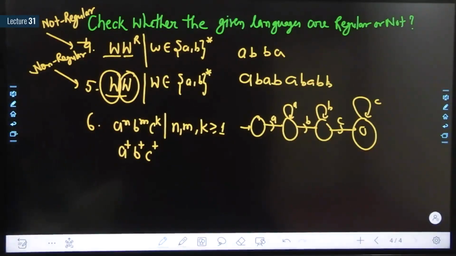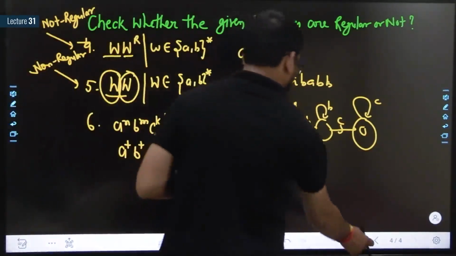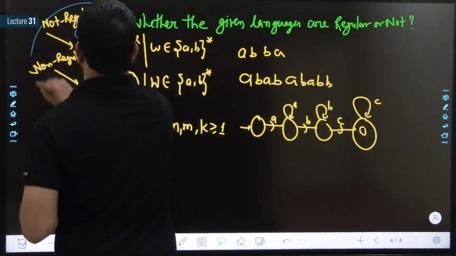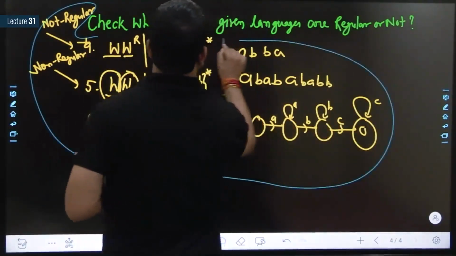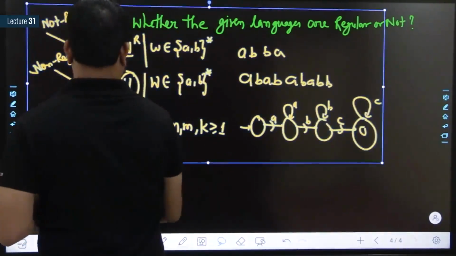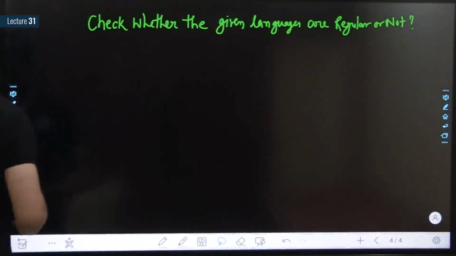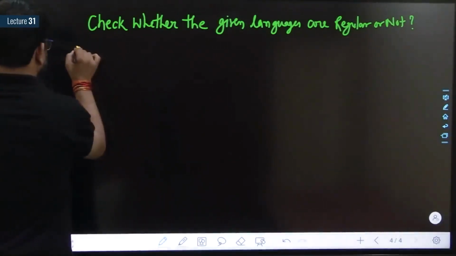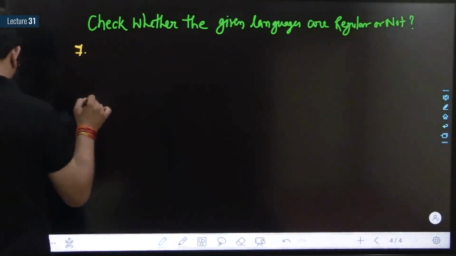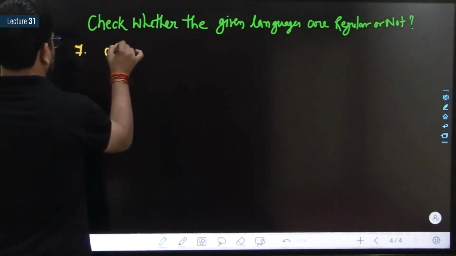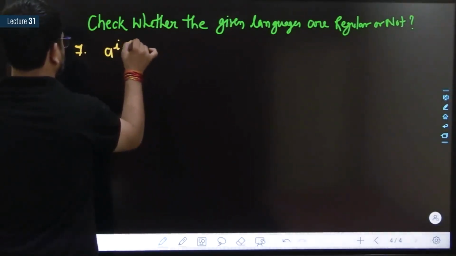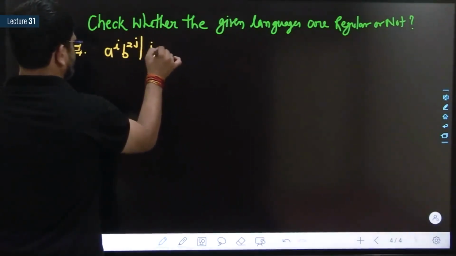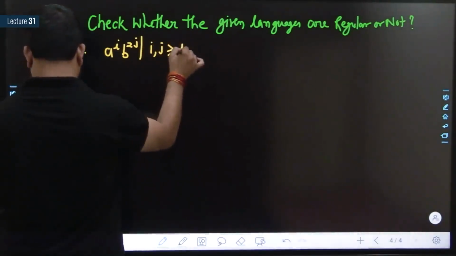Next question. A to the power i, B to the power 2j such that i, j greater than or equal to 1.